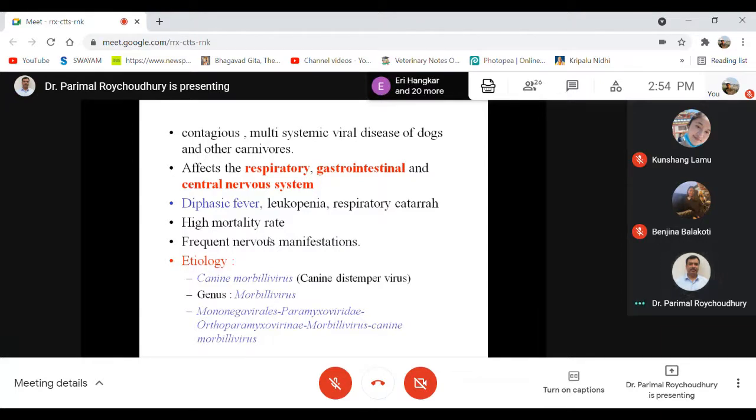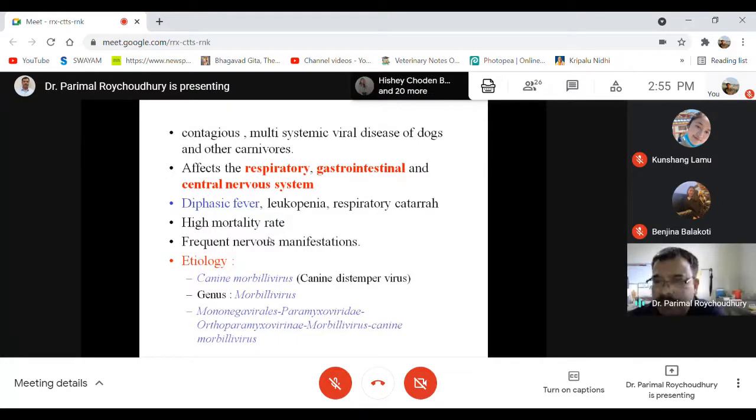When the virus circulates in the blood, a typical biphasic fever appears. At different time intervals, the viruses come into the circulation, and the animal develops intermittent fever. In the respiratory mucosa, it produces catarrhal inflammation, and exudation occurs. Sometimes you may even see blood-stained nasal discharges in this kind of infection.